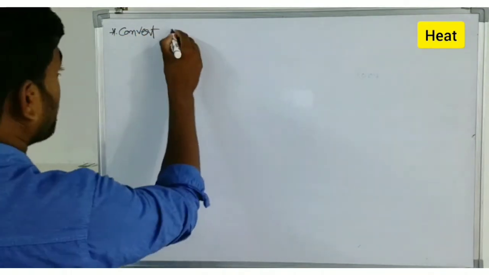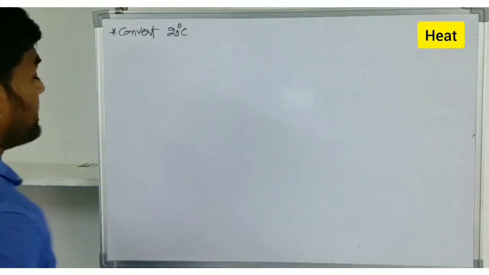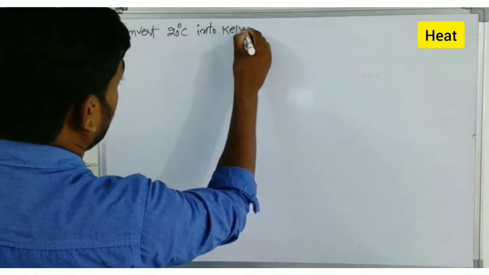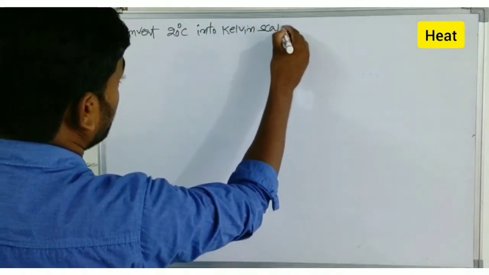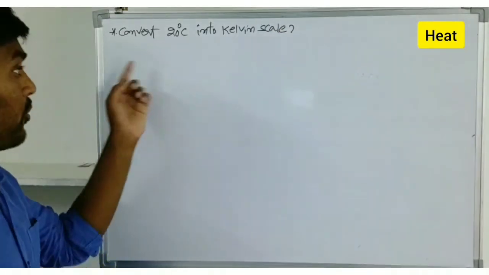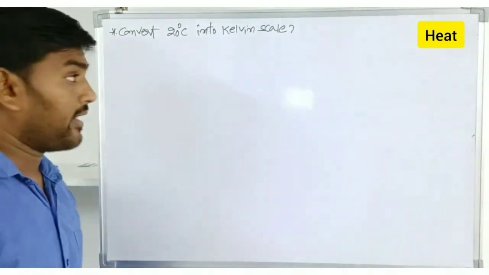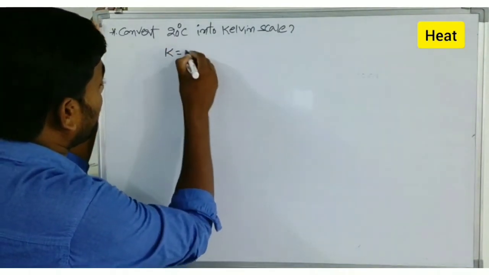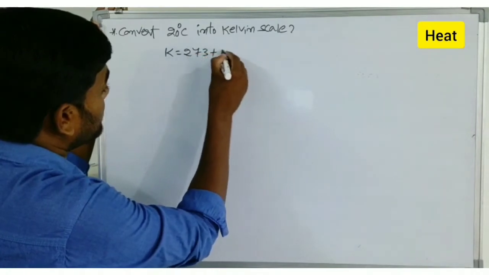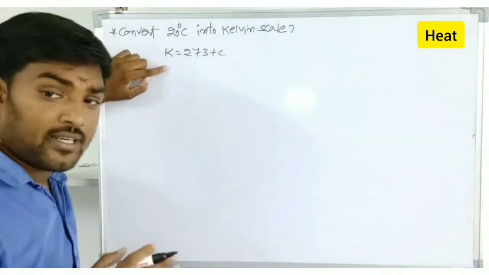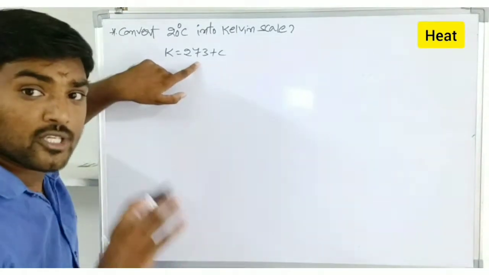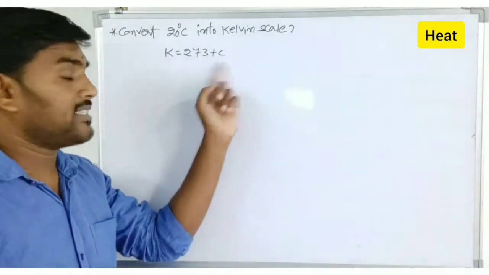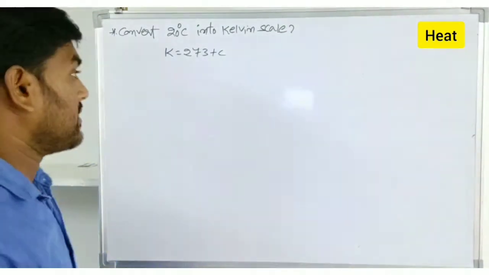Next one. Convert 20 degrees Celsius into Kelvin scale. The formula is K is equal to 273 plus C. K means temperature in kelvin, C means temperature in degree Celsius.